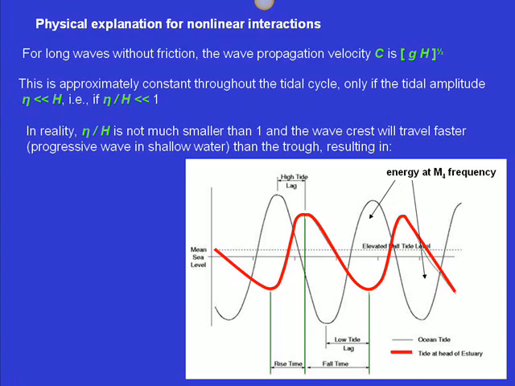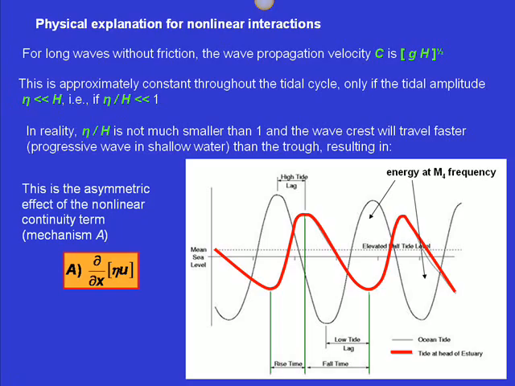So it produces large asymmetries with respect to the ocean tide. The difference between the sinusoid and these has energy at the M4 frequency. And this is caused by this mechanism, the continuity mechanism.